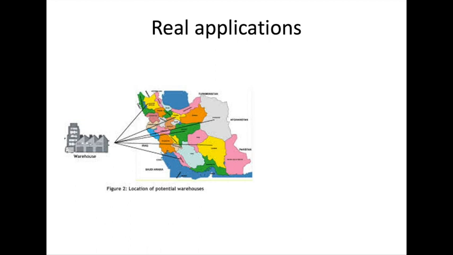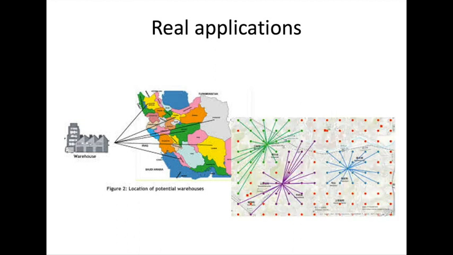They want to minimize the cost. Sometimes we measure the cost in terms of the distance to the warehouses, but sometimes it could be a particular metric that they have. This is, for example, one potential solution, assuming that the k value is equal to 3.